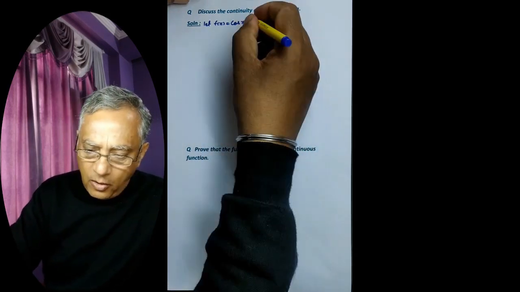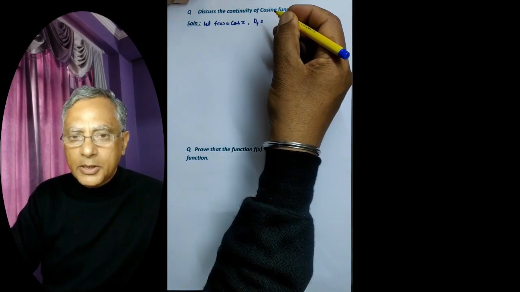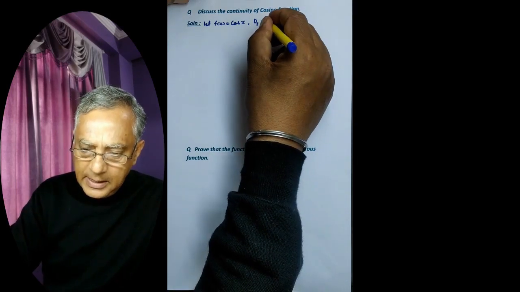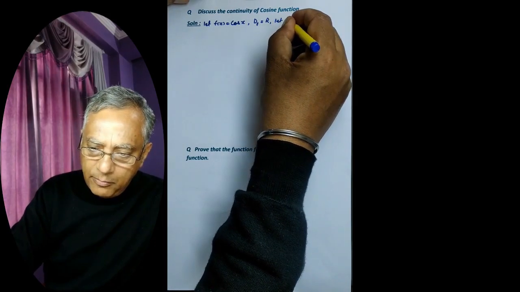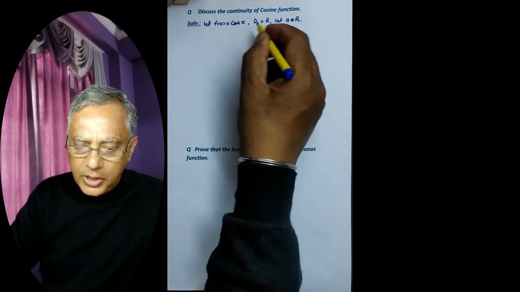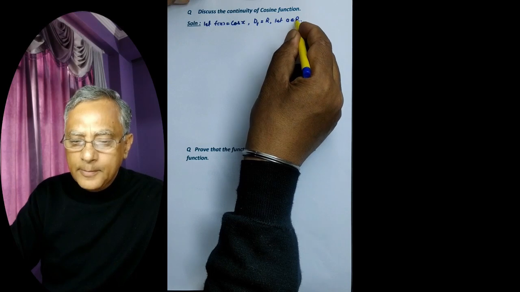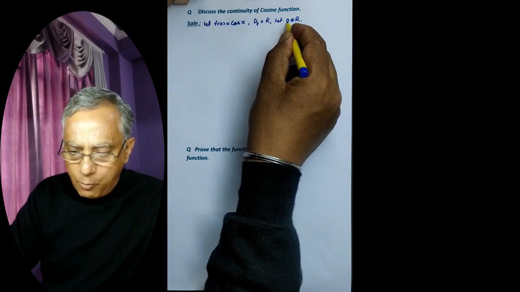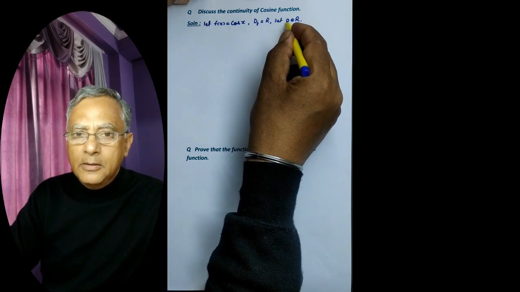The domain of this function is R, since cos x is defined for all real numbers. Let a be any point of R. Now to check the continuity of the function in R, we take a point in R and check the continuity of this function at this point.